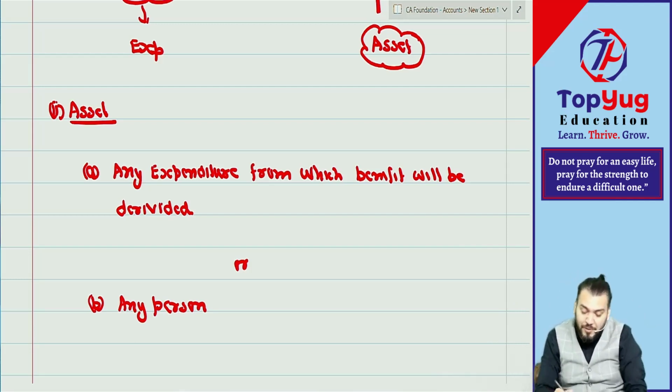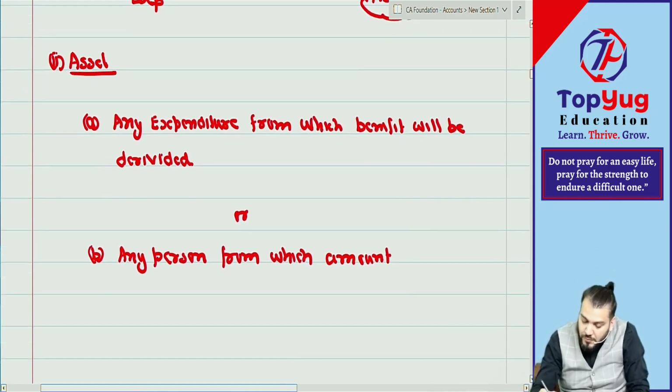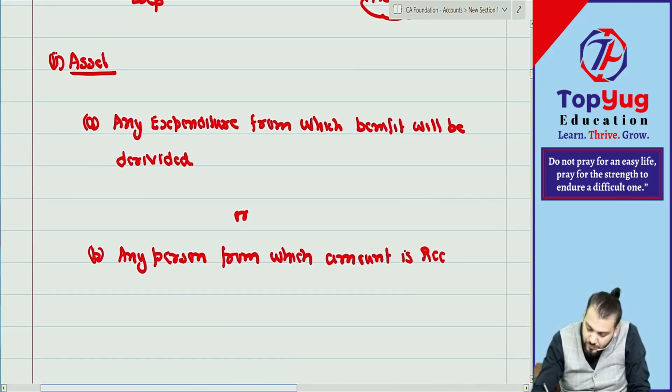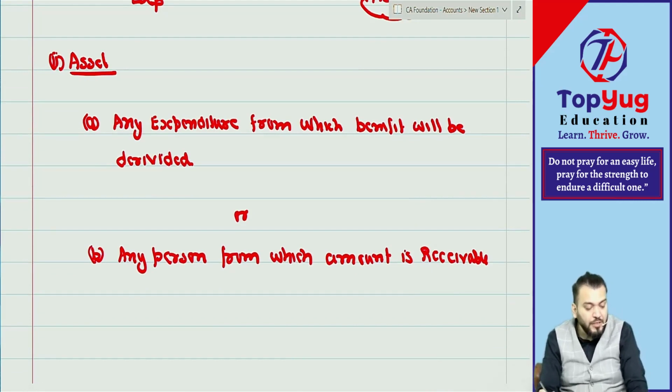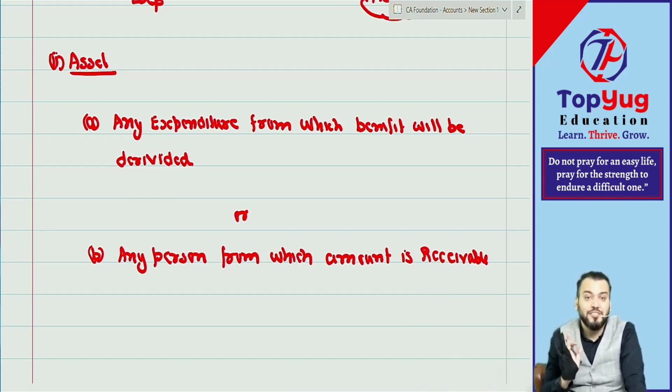So any person from which amount is receivable. From any person, any amount receivable is also an asset. Correct?